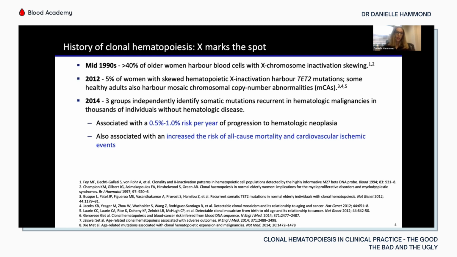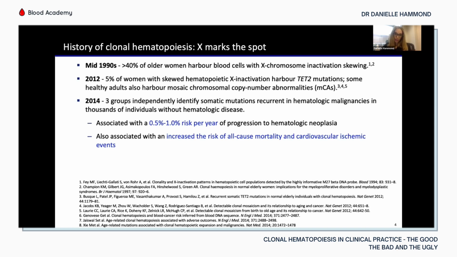However, the current field of clonal hematopoiesis really took off in 2014, where there were 3 high-profile publications from 3 groups that independently had used next-generation sequencing from existing data sets in studies that were conducted for other reasons originally to demonstrate that clonal hematopoiesis is actually quite prevalent in the aging population, and I should say the healthy aging population.